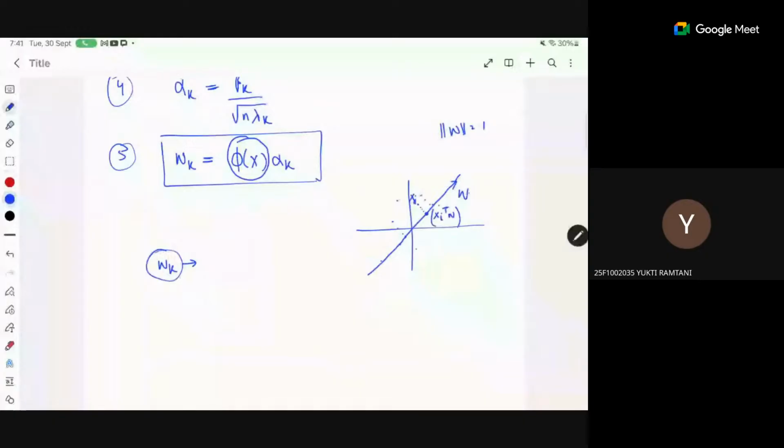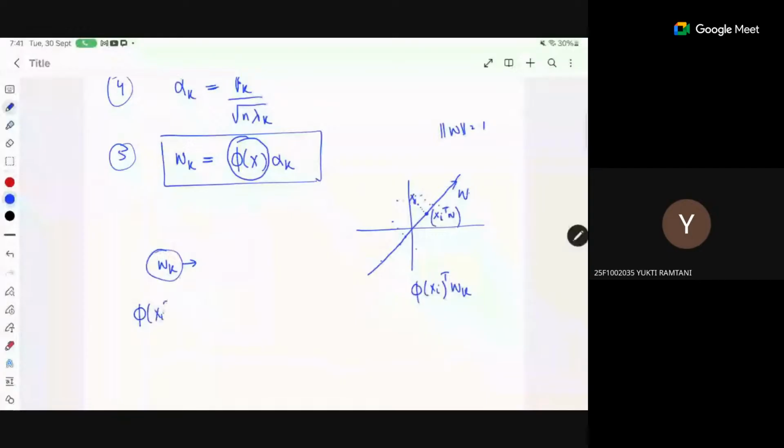Now in this case, since xi is now phi of xi, what is going to be the projection, assuming that wk is the principal component for my data set? It is going to be phi of xi transpose wk, right? So this is going to be my projection.